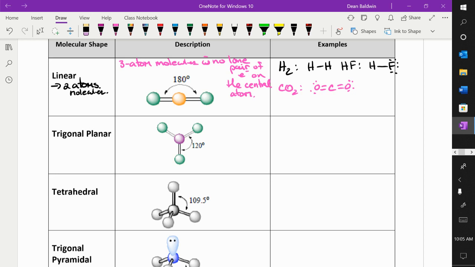What is the atom that is comfortable with 6 electrons on it? Boron, okay?